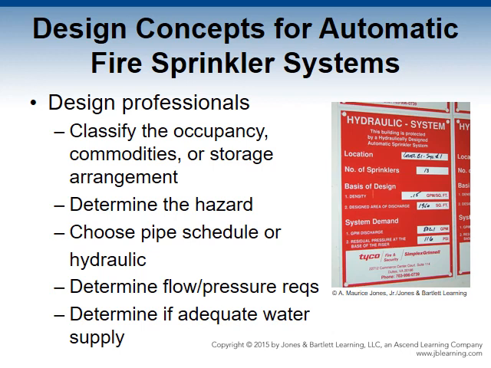The system design must deliver enough water to absorb the energy from the fire so it does not grow any larger. NFPA 13 established a number of hazard classifications based on occupancy, commodities, storage arrangement, and use of plastics, rubbers, and other rolled paper storage.